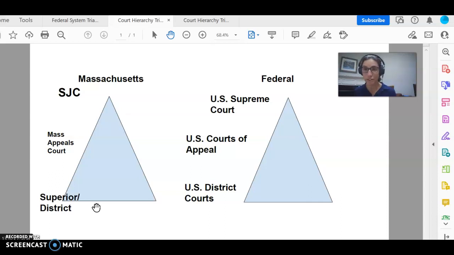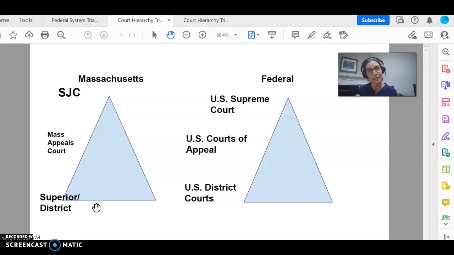Believe me, I don't need you to memorize that, but there are criminal cases in both District Court and Superior Court. In Massachusetts, our Superior Court system is organized by county. So we have a Superior Court for each county in the state. So there's a Middlesex Superior Court, Suffolk Superior Court, Essex Superior Court, Berkshire Superior Court, and so on and so forth for all the counties.